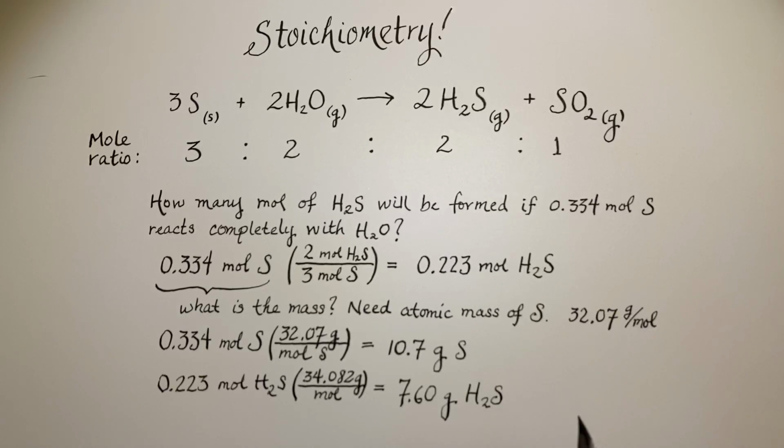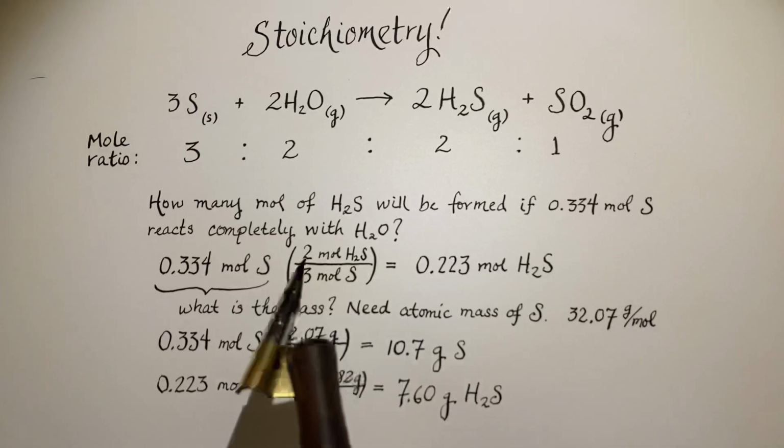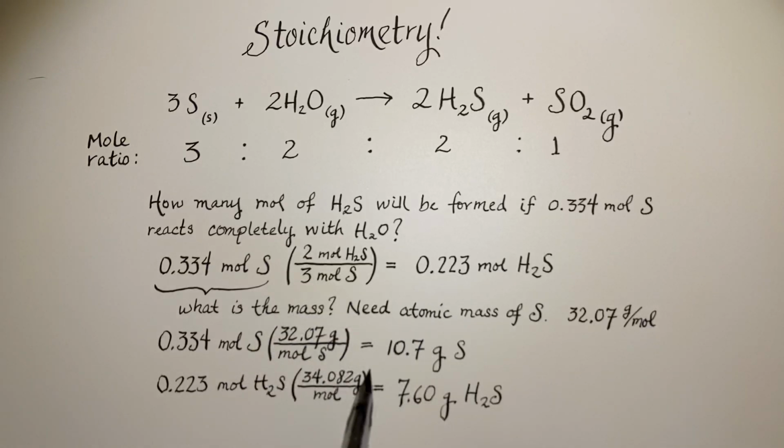Okay, so here is our first example of stoichiometry. But I want to do another one, because it's always good to start with one that is given the mass and then ultimately get the mass. Here I really just wanted to focus on moles and show you the idea of the mole ratio.